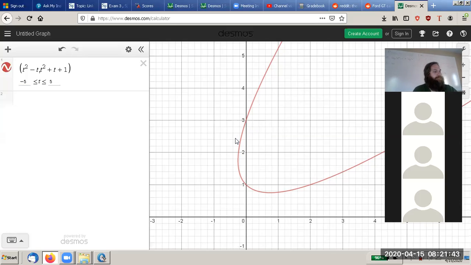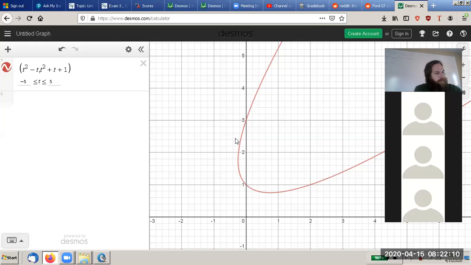Let's find out. So first I need to calculate y dot and x dot. Y dot is dy/dt, so I take the equation for y and I differentiate with respect to t. I get 2t plus 1. T squared differentiates to 2t, t differentiates to 1, 1 differentiates to 0.